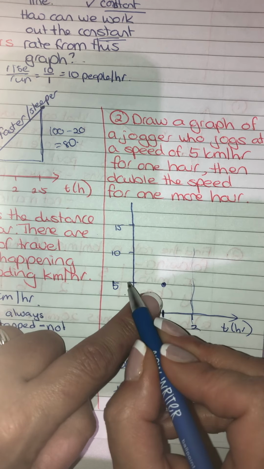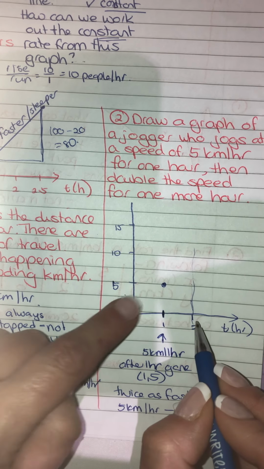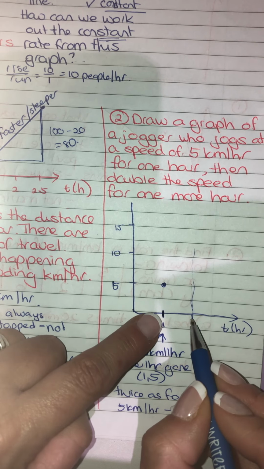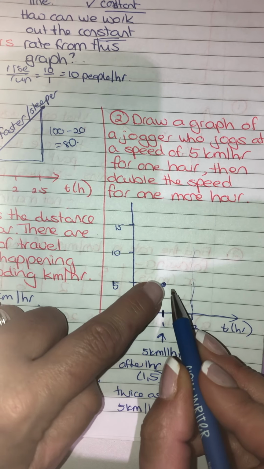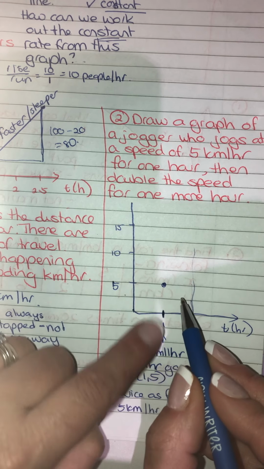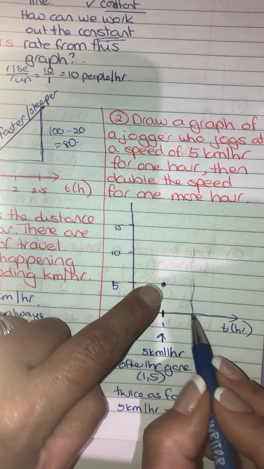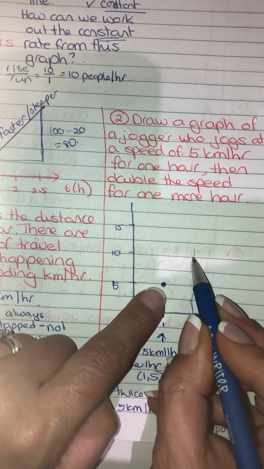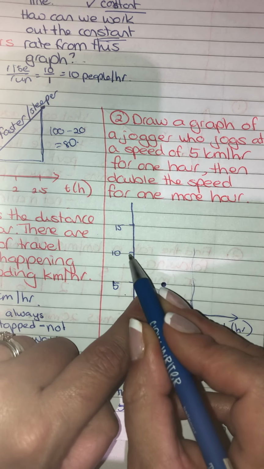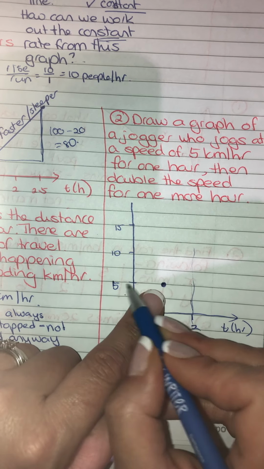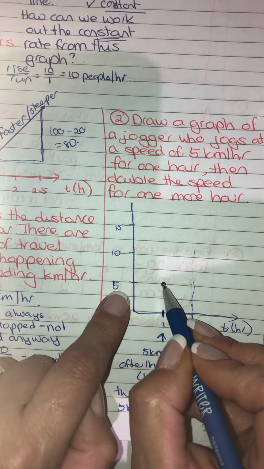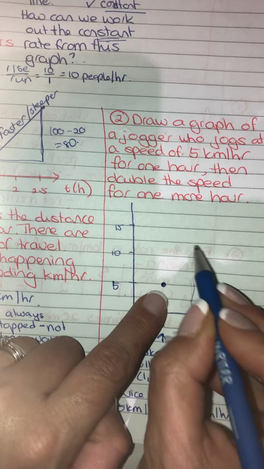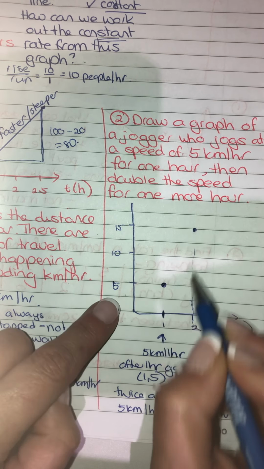But you're at 5 kilometres per hour. This time, you're going to go faster. You're going to go 10 kilometres per hour. So from here, your rise has to be 10 and your run has to be 1. So we know we have to go across. From here, we've got to go 10. So if you only go to there, you've just gone up 5. So from 5, you've got to go 10k. So 5 plus 10 is 15. So your dot's going to be up here.